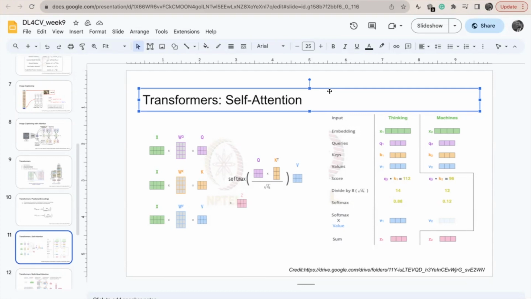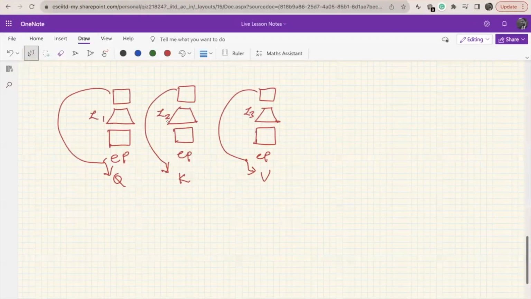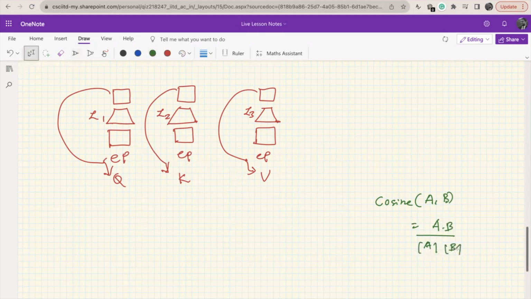Before going to how we find it, let's discuss cosine similarity. What is cosine similarity? The cosine similarity of two vectors A and B is given by A dot B divided by magnitude of A times magnitude of B. Why is it required?